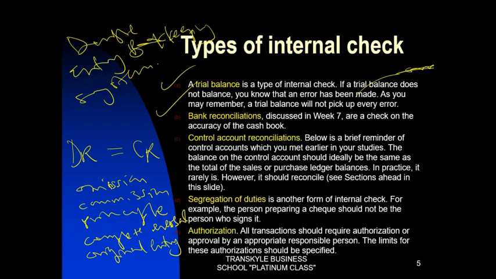Alright, so there should be some division of responsibilities, where we say that one person should be doing this and the other should be doing that. Then lastly, authorization. There should be some people who are going to authorize particular transactions. We do not want a situation where everything is being done by one person and so forth.